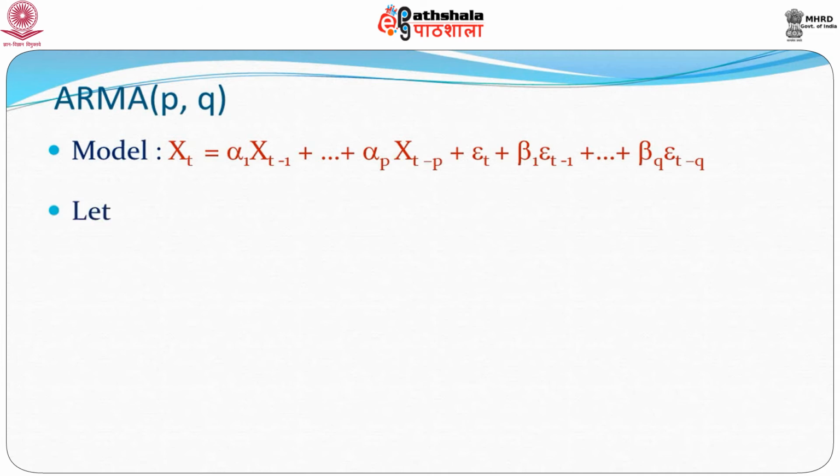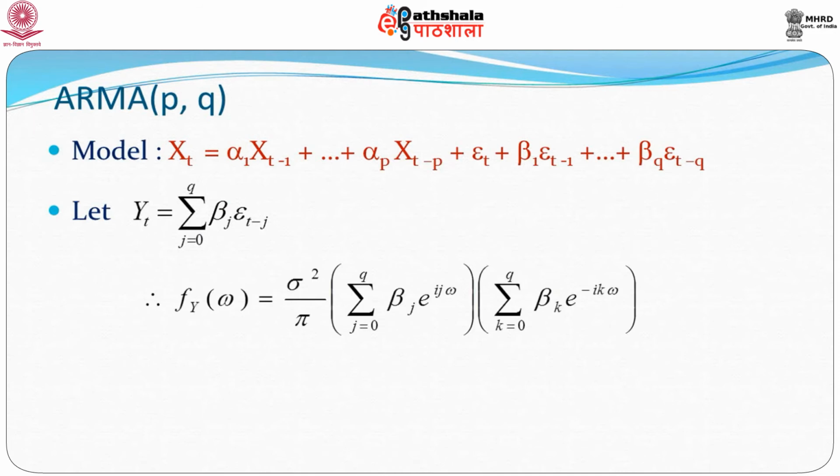Now let us write y_t equal to the summation j equal to 0 to q of beta_j epsilon_{t-j}. That is primarily the second part. Notice that in this case we are taking beta_0 to be equal to 1.